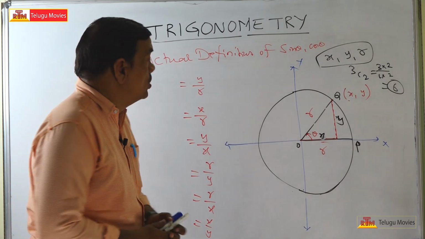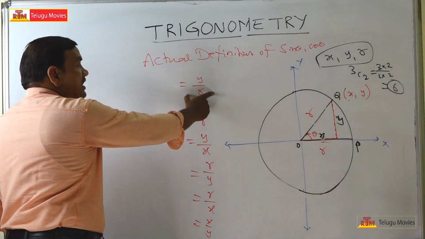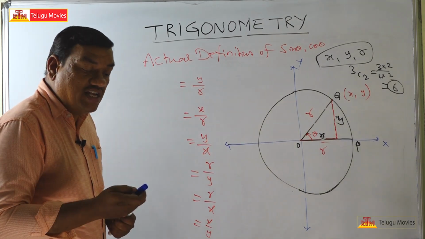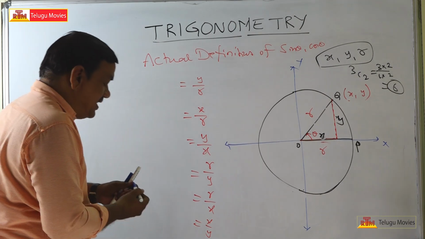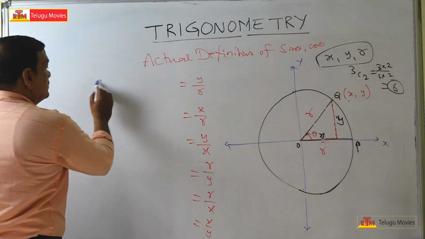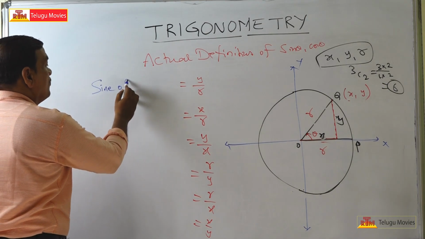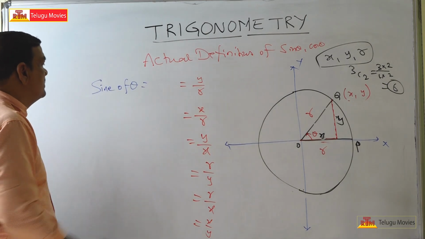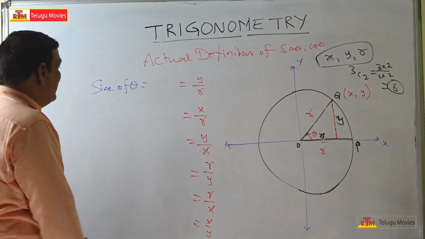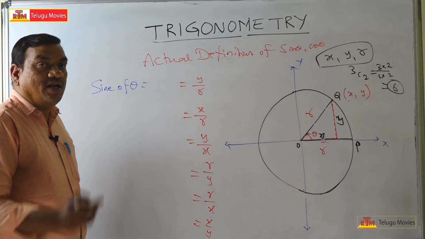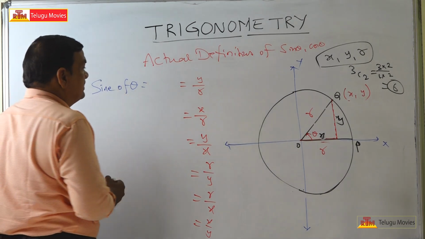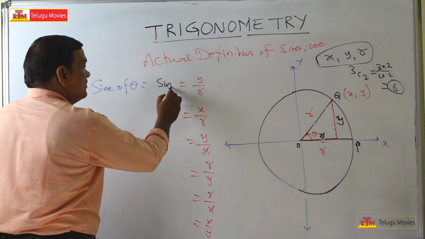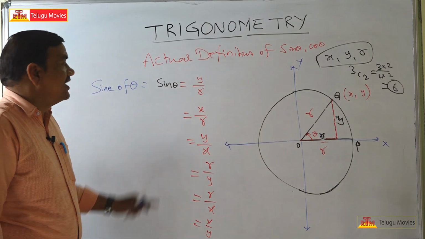Whatever the ratio may be, it is given a name: sine of theta. The full form is sine, S-I-N-E, sine of theta. In short, we write it as sine theta. Don't read it as sin and theta separately; it is sine theta.